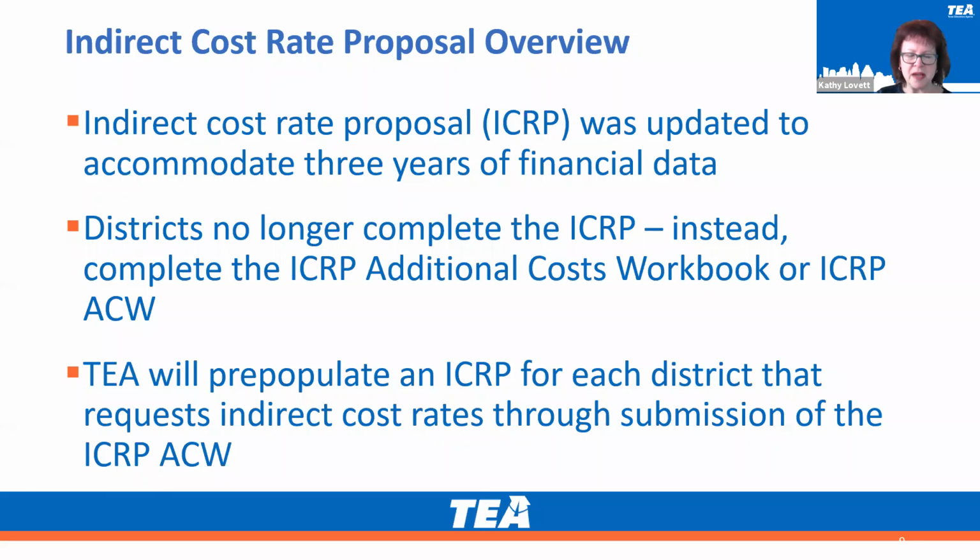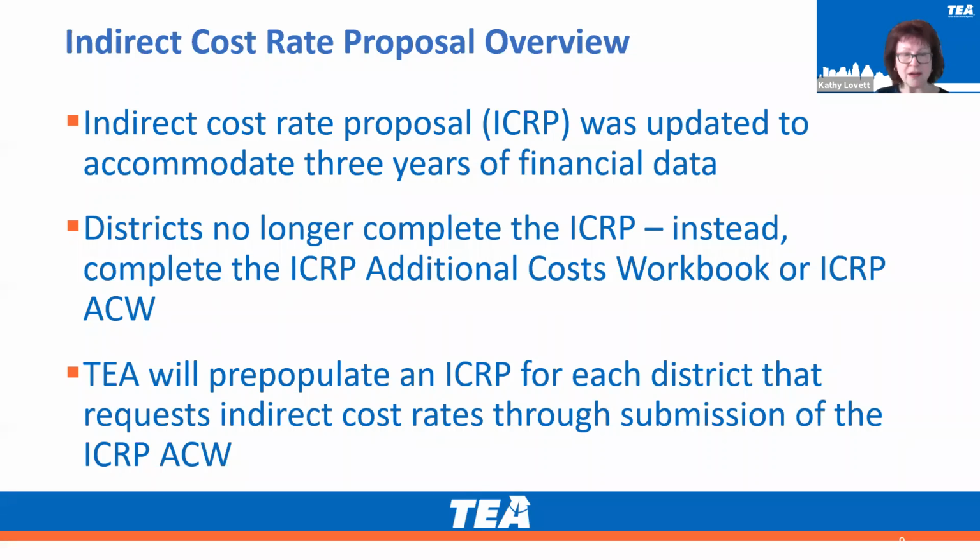However, a small amount of the required data cannot be obtained through PIEMS. Therefore, districts are asked to provide this small amount of additional cost data to TEA via the ACW. Districts can easily obtain these additional cost data by running simple queries within their financial accounting systems. Districts will not be required to analyze or classify any costs. And a little bit later, Saida will be talking to you about some sample queries that you'll be able to run.